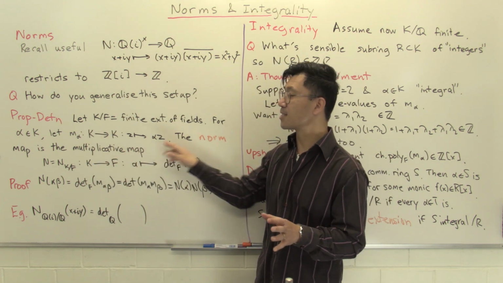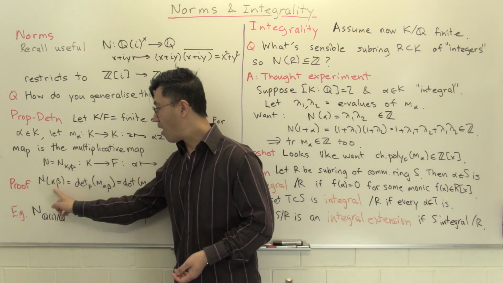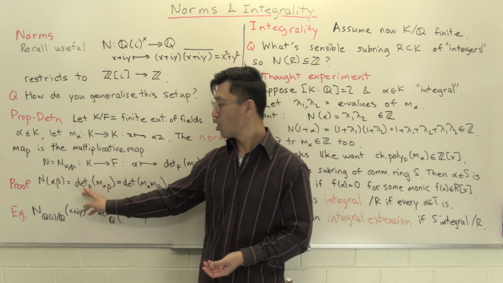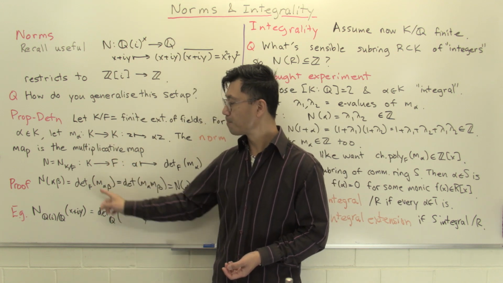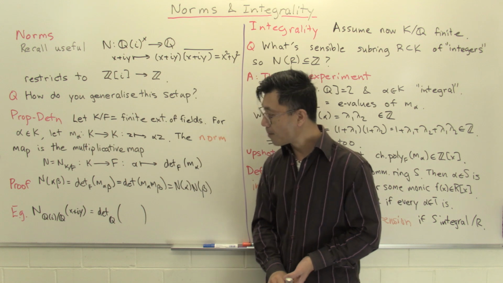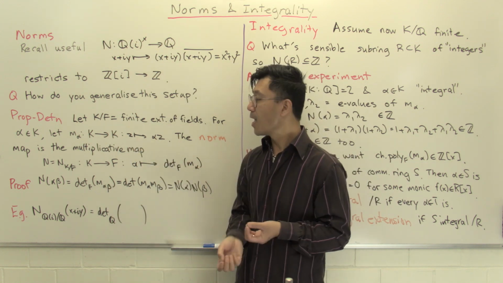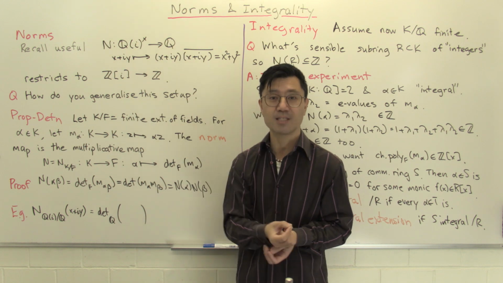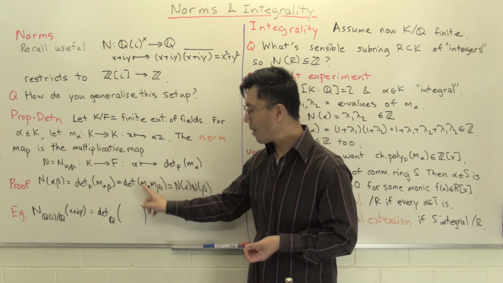The other key thing is it's multiplicative, so let's check that it preserves products. If you want to take the norm of alpha beta, by definition, you look at the F-linear map where you multiply by alpha beta, and you take the determinant of that. But of course, multiplying by the product alpha beta, by associativity, is the same as multiplying first by beta and then by alpha. So this is just a composite of M alpha and M beta.